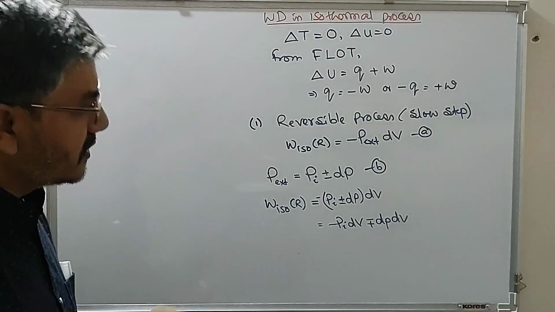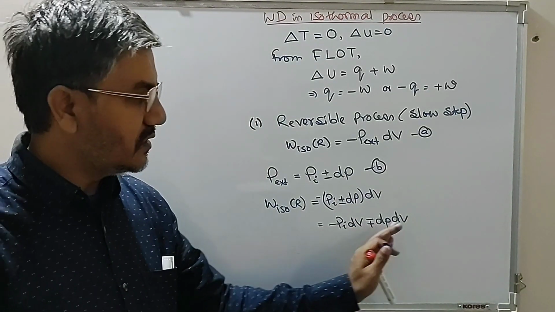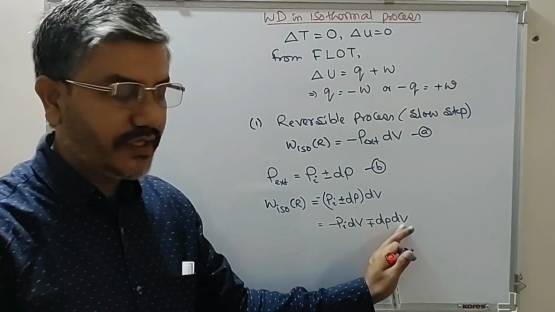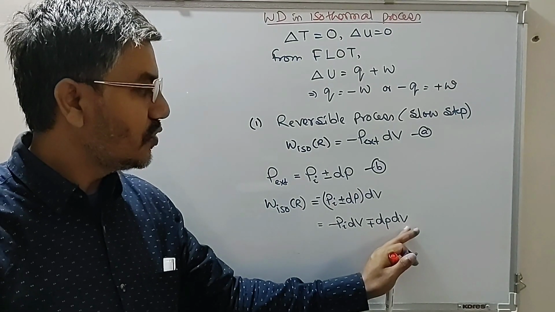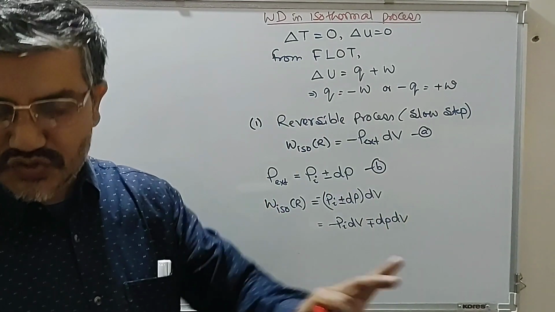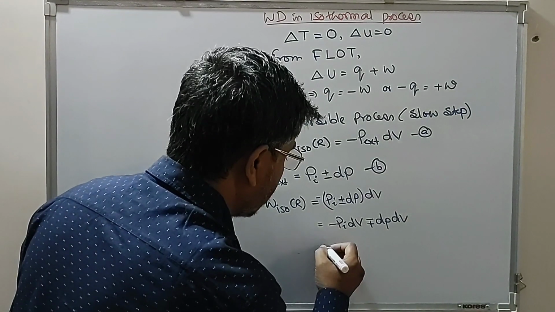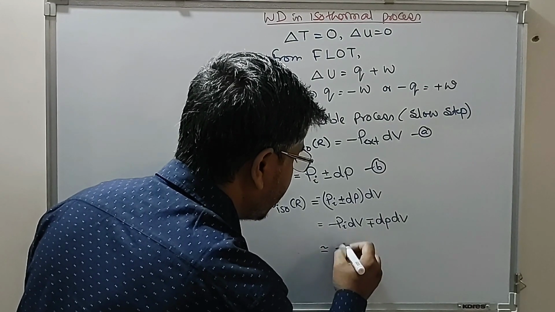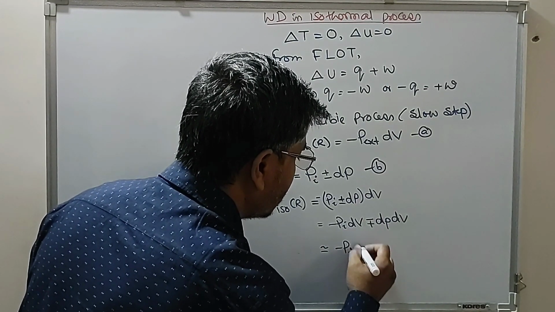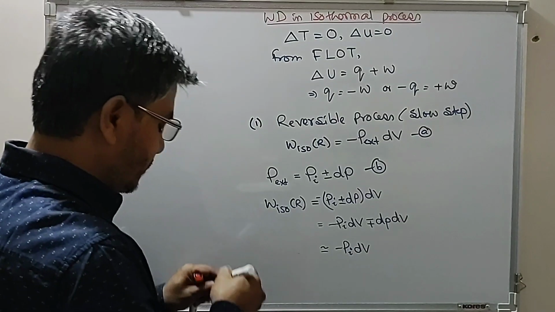Now look at this. dP is a very small quantity, dV is also a very small quantity, so the product of two small quantities will be a much smaller quantity, so we can easily ignore it. So this is approximately equal to minus P internal into change in volume.